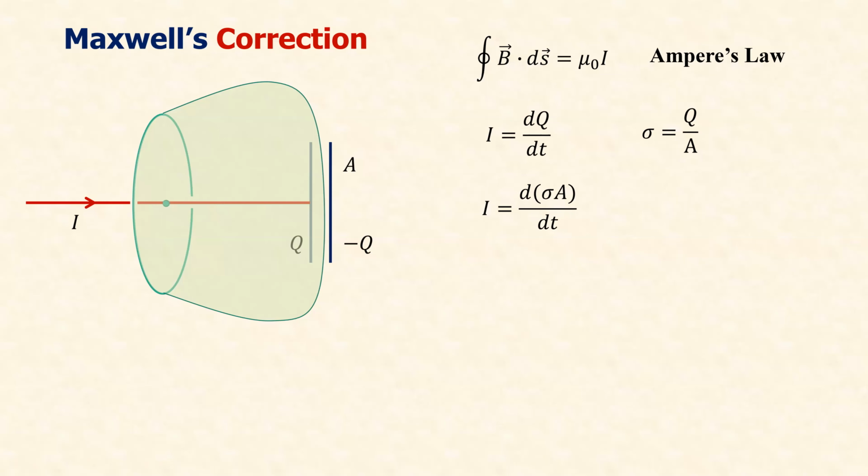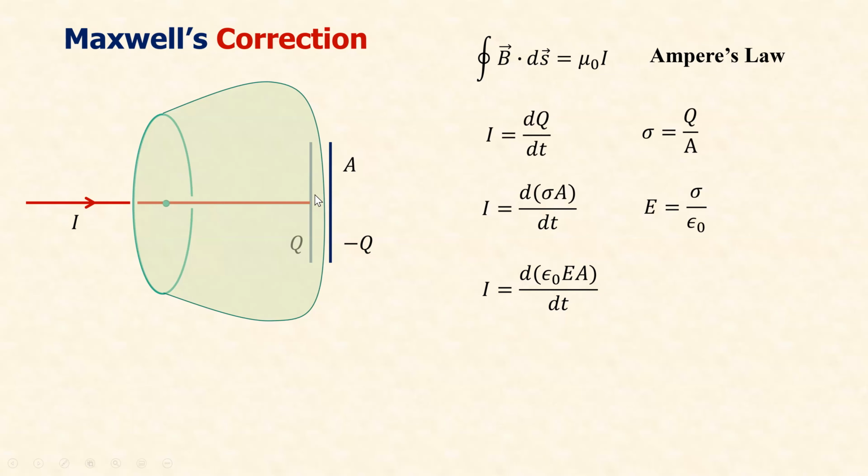And remember also that the electric field inside can be written as sigma over epsilon naught. Therefore, sigma can be written as epsilon naught times E. So instead of sigma, we can write epsilon naught E times A, rate of change. And then E times A is the flux.